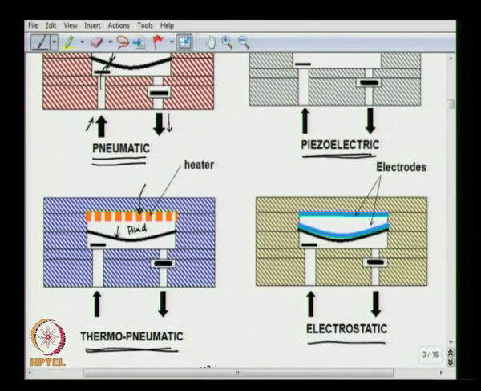Similarly, the electrostatic micro pumps exploit the electrostatic force between two parallel plates. Here is one parallel plate and the second one is on the membrane, to actuate the movement of this membrane with respect to the top parallel plate.